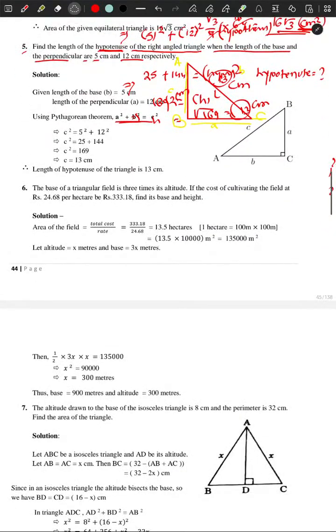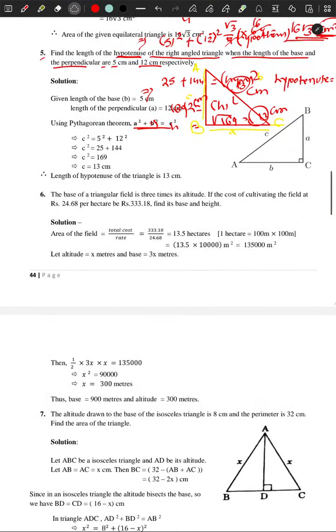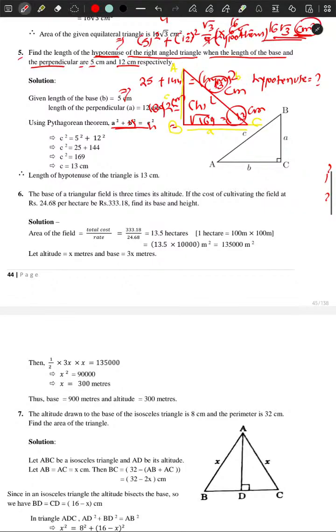Then I move to question number 6, the second last question of today's session. The base of a triangular field is 3 times its altitude. If the cost of cultivating the field at Rs 24.68 per hectare is Rs 33.18, find its base and height.